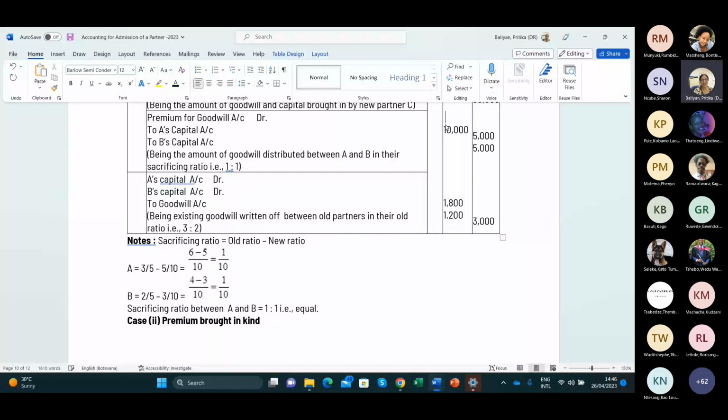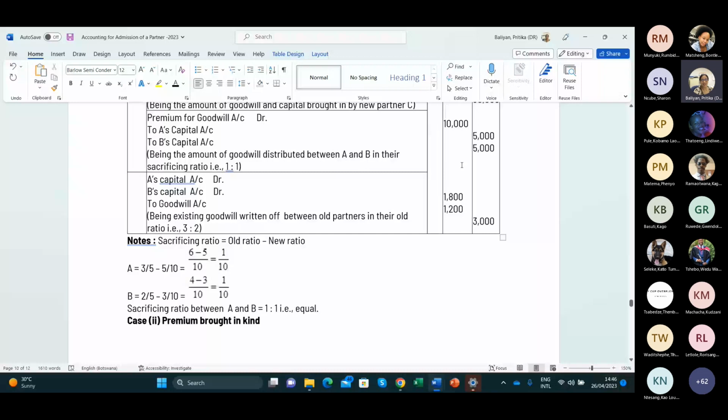The premium of goodwill account is debited by 10,000, and it will go to the capital accounts: 5,000 to A and 5,000 to B's capital account. So the goodwill is distributed between A and B in their sacrificing ratio.